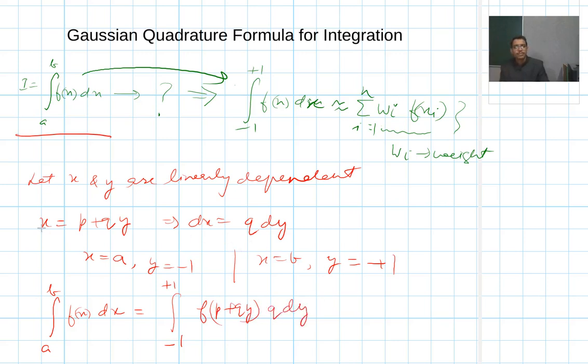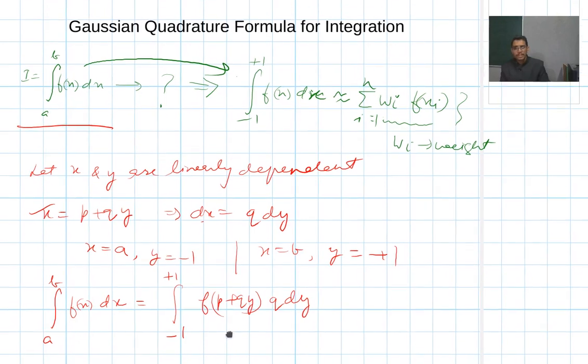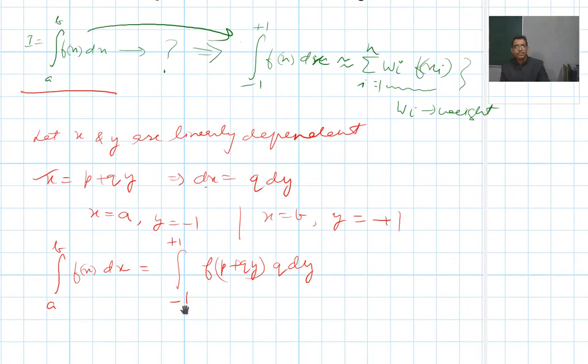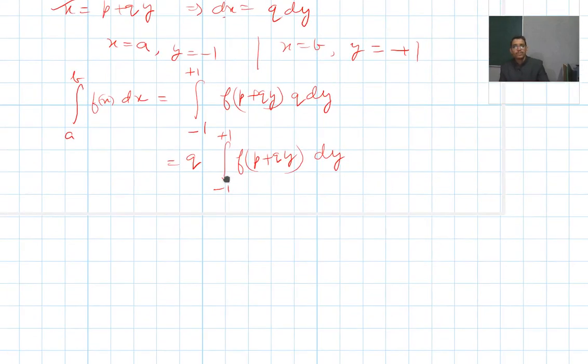We have just substituted their values here, and due to this the limits change from -1 to +1. It can be written as q times the integral from -1 to +1 of f of p plus qy dy.